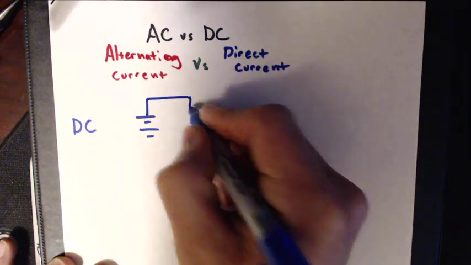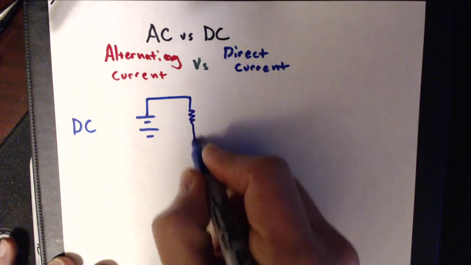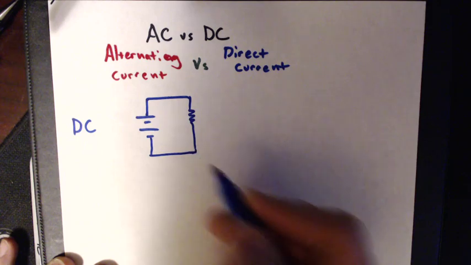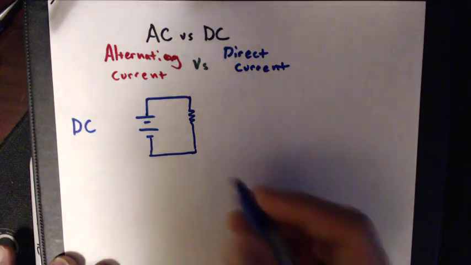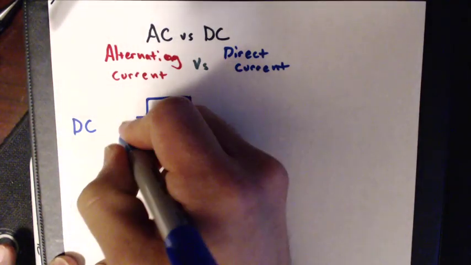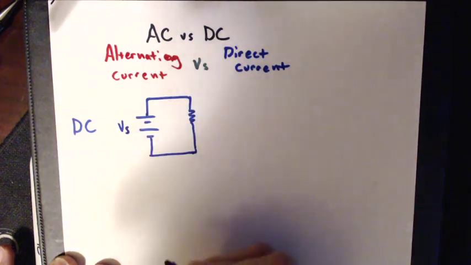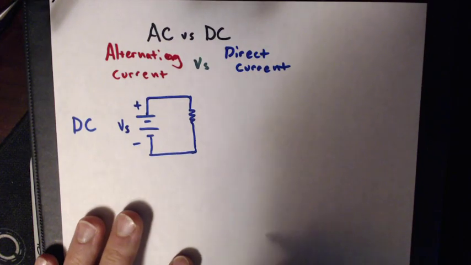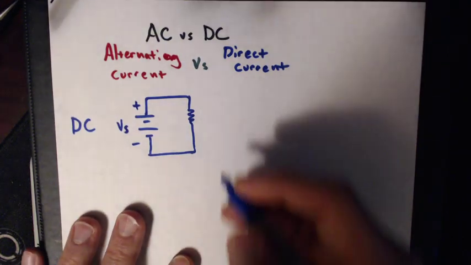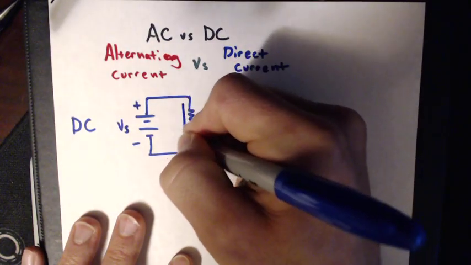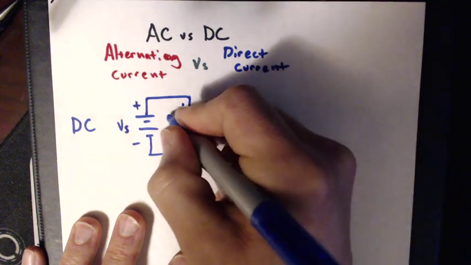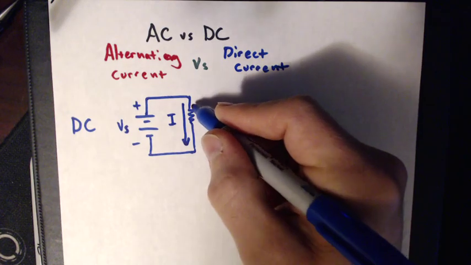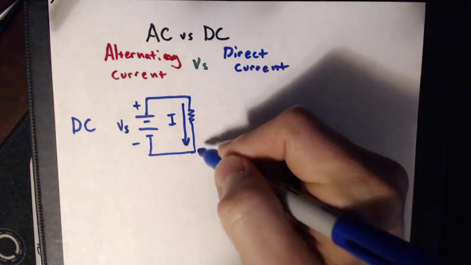And we'll do the most simple circuit we possibly can, which is a constant voltage source connected to a resistor. Let's label this as V sub S. It's got a positive and a minus. When you look at the current going through this, current always goes from a higher voltage to a lower voltage, so we expect it to go down. And so we expect the current to only go in this one direction through this resistor.